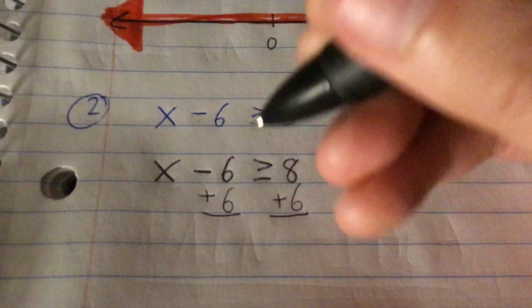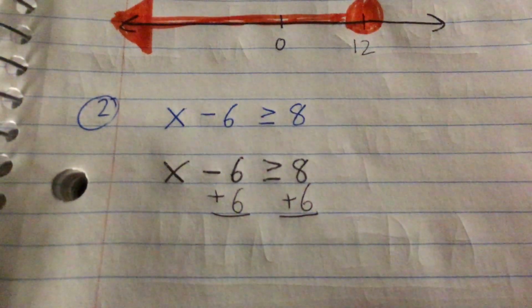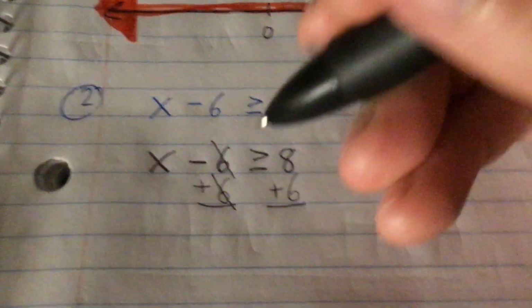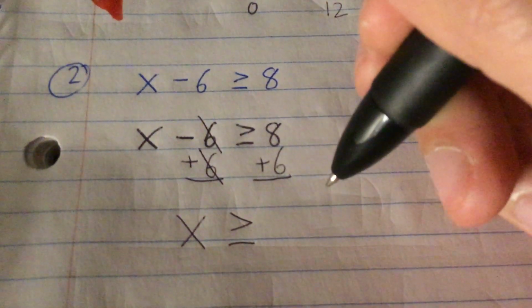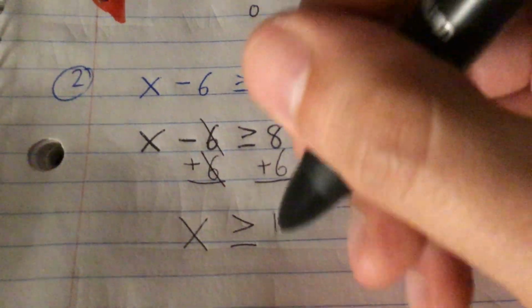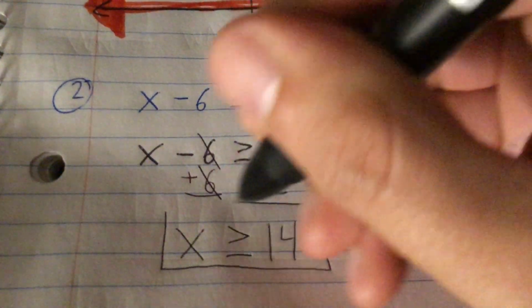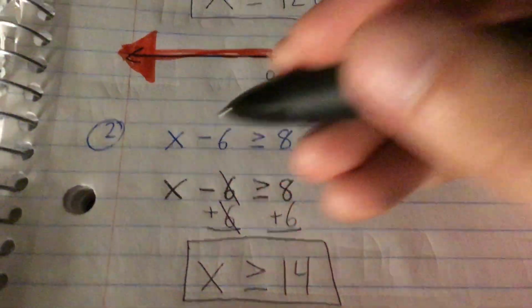Does addition have any impact on this inequality symbol? No. So we cancel it out, leaving us with x is still greater than or equal to 8 plus 6, which is 14. So as long as x is greater than or equal to 14, x is legal.